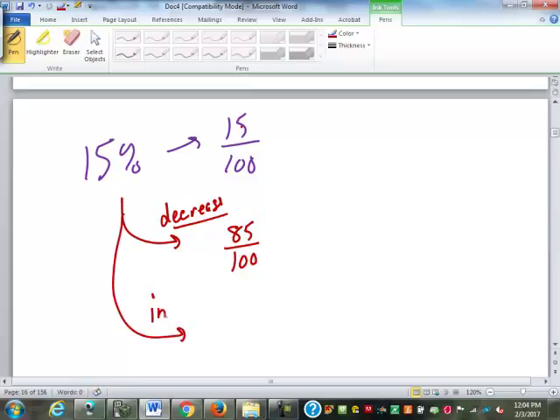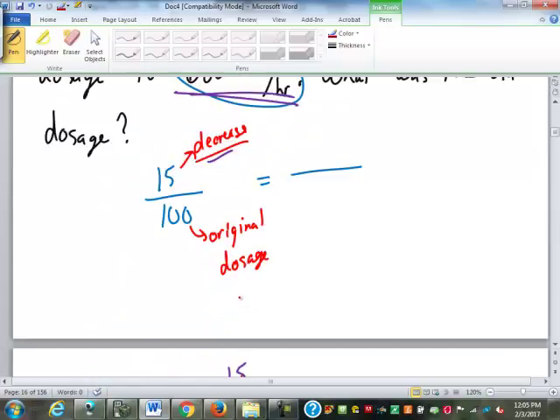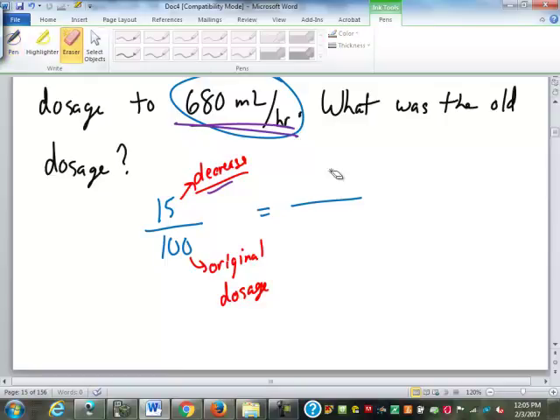If it is an increase, there's 100 plus 15, or 115 out of 100. Those percents can possibly come into play. Now in this case, it was a decrease. So we're going to use 100 minus 15, which is 85%.